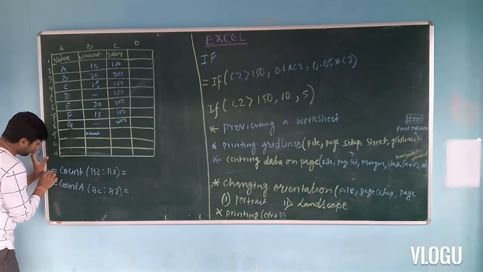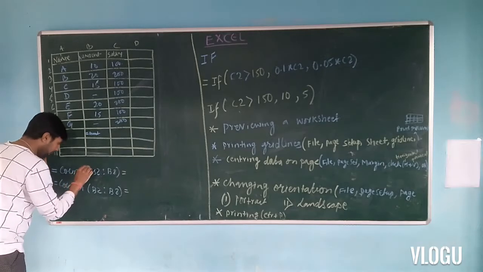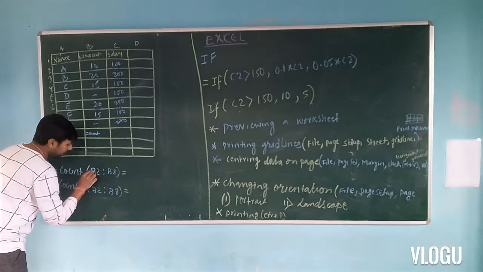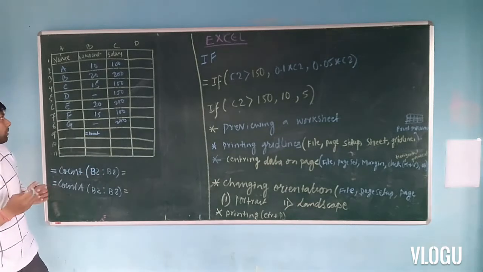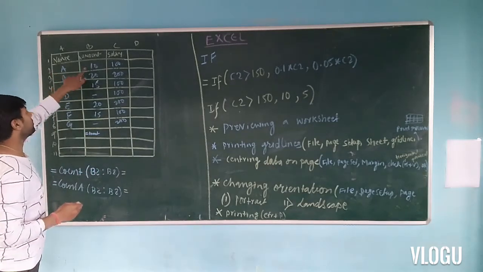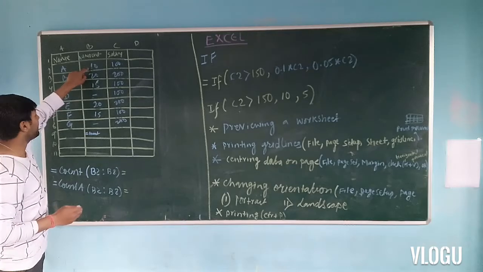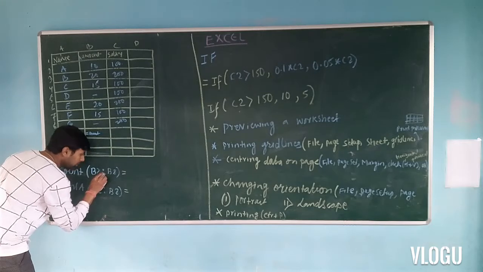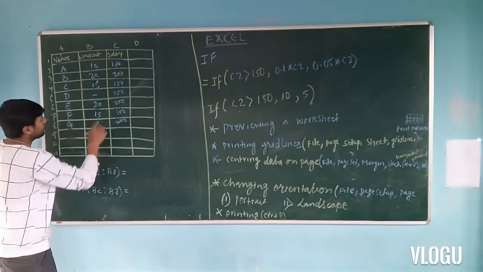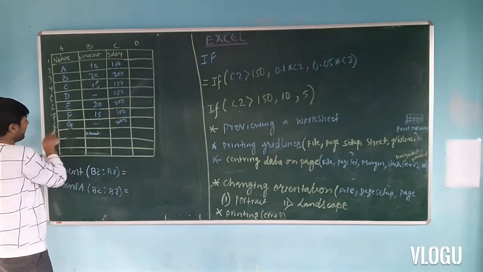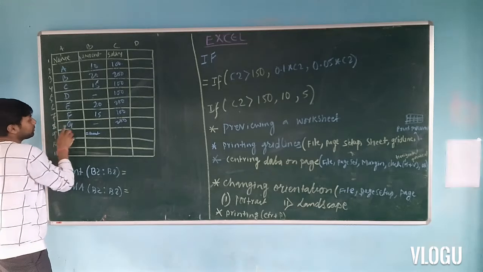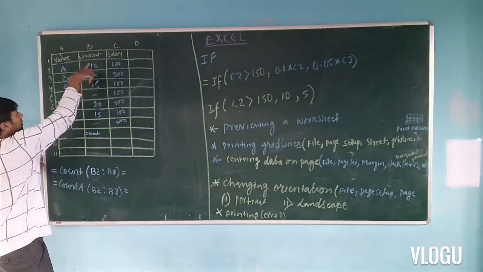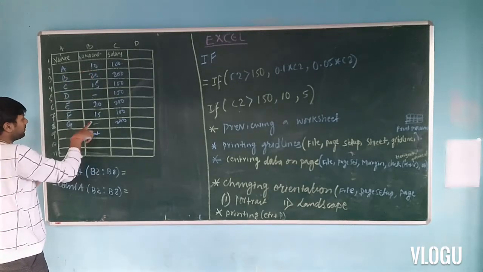First we put equal to, then count, bracket open, then put the address from where we want to count, that is B2. This cell address is B2, colon, up to B8. This is row 8 now, so B2 colon B8 means it will count from B2 to B8.